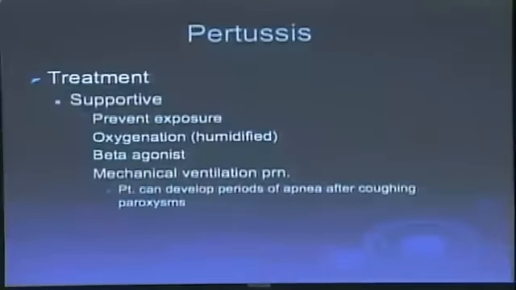So, treatment: prevent exposure, oxygen, beta agonists may help, especially if they're having wheezing and stuff. We might be able to slow down their coughing a little bit by giving them some inhaled, maybe a little lidocaine, might stop their coughing. And if they have apneic periods, obviously they have to be ventilated.